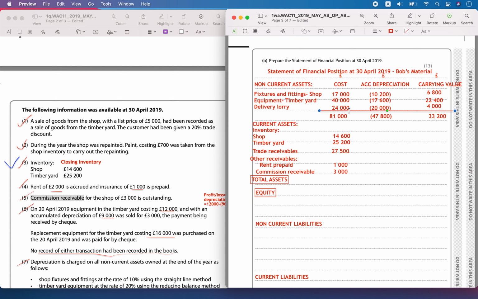Now let's add up the total current assets. So that value is going to be equal to 14,600 plus 25,200, plus 27,500 plus 1,000 plus 3,000. So that is going to be equal to 71,300.